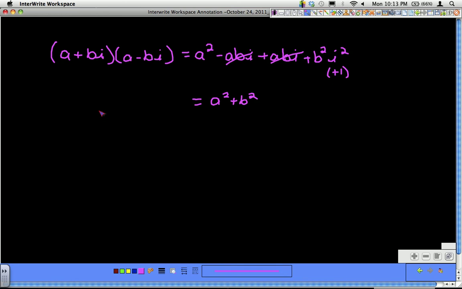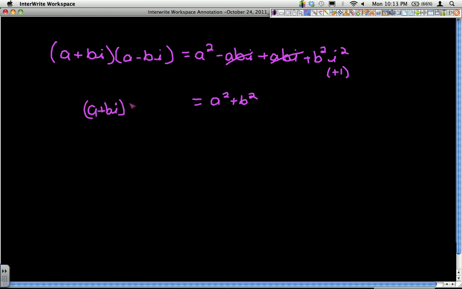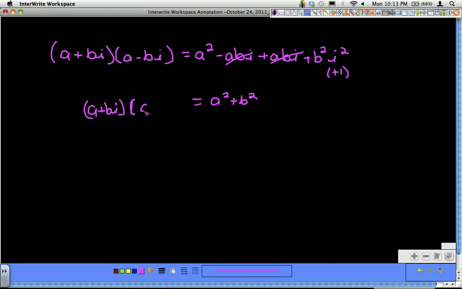So our shortcut for this: anytime we multiply complex conjugates, we're going to take just the a part and the b part and square both of them, and because of the negative 1 taking the place of i squared, we automatically turn this into a positive.